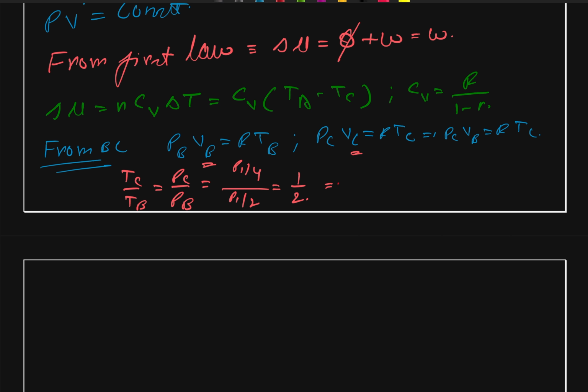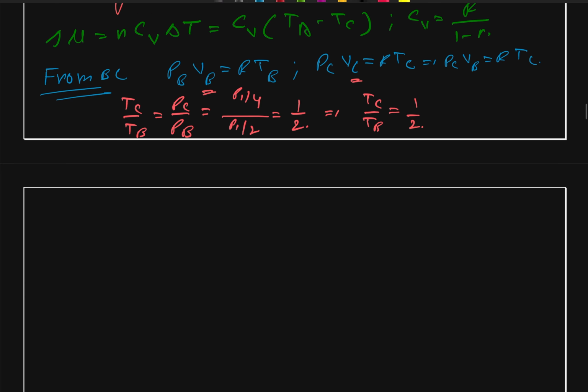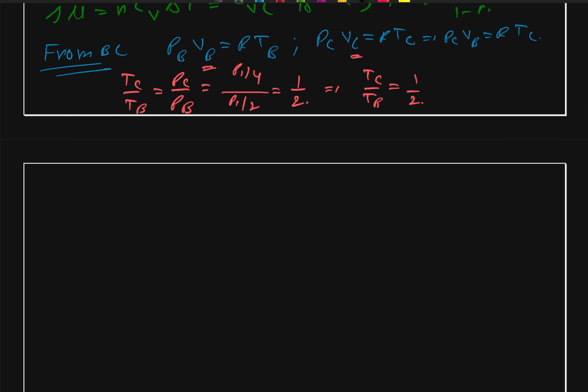Therefore from here we get that the ratio of TC and TB is equal to 1 by 2. And we also know that our temperature at A, that is our TA, is equal to P1 V1 upon R, and this is basically an isothermal process.